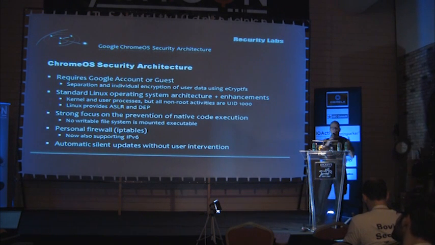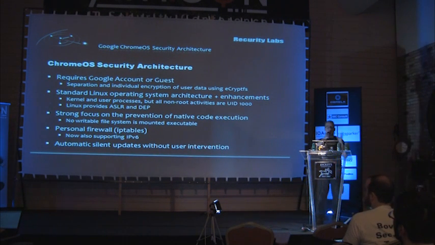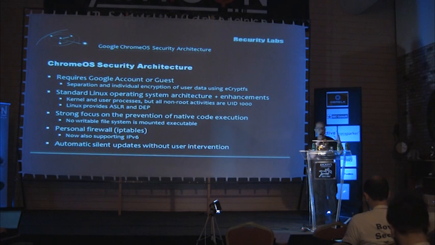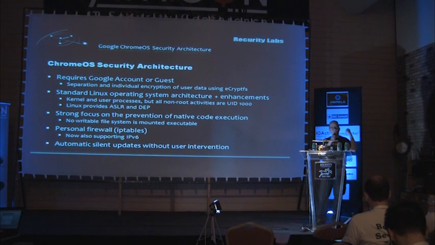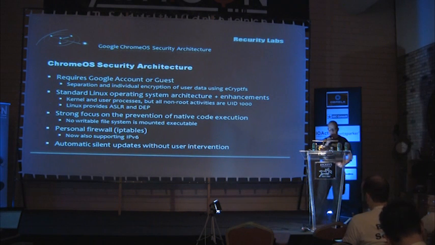There's individual separation between the users, so multiple users can use the same device, which is by design, because Google envisions that at some point universities will have Chromebooks, and the student just grabs a Chromebook and uses it with his Google account, and everything goes to Google, and so keep that in mind.